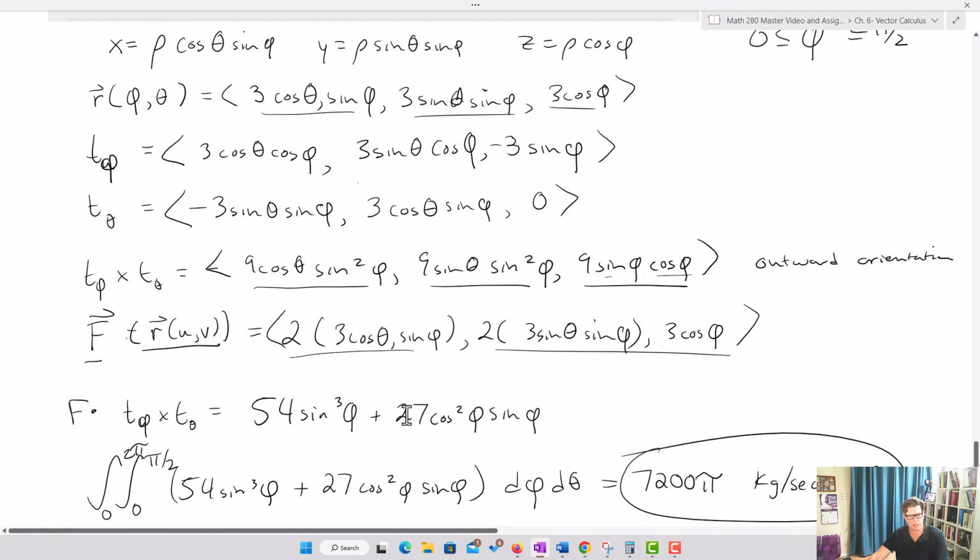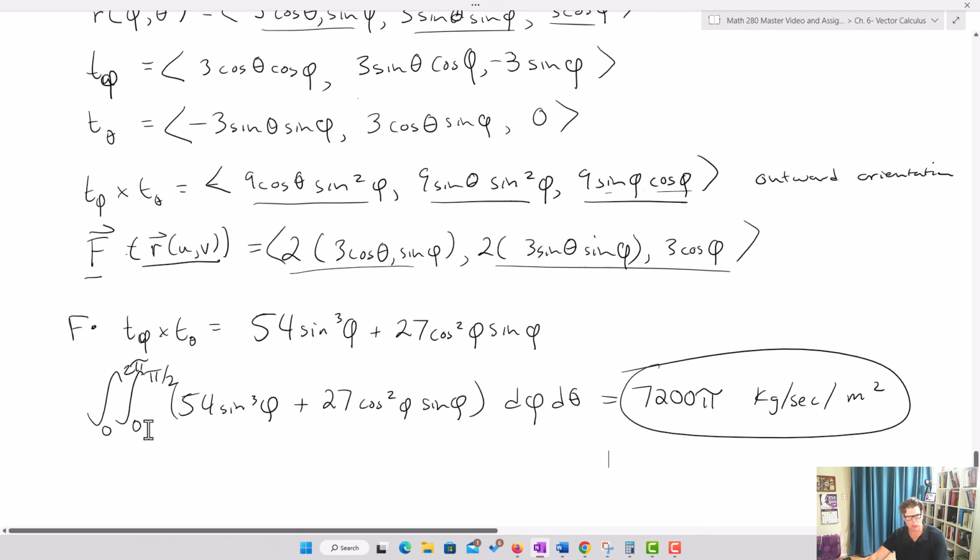I dotted those two, and then took the double integral over the region, in this case d phi d theta, because those were our variables of integration. That's essentially it. That's what you're going to be doing.